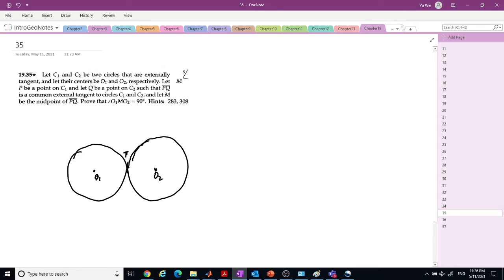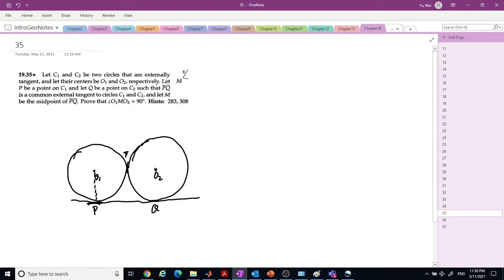Then P is a point on C1, Q is a point on C2, and PQ is a common external tangent. That's this. So P and Q are the external tangent points.